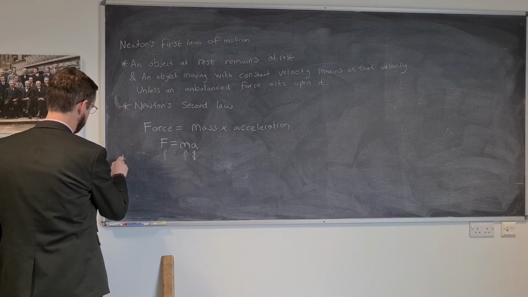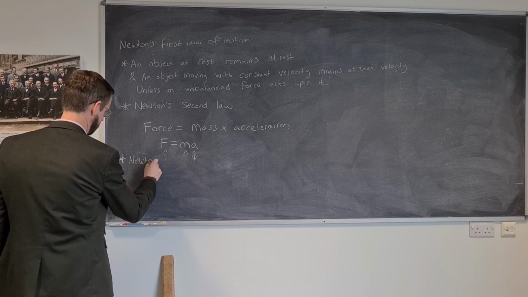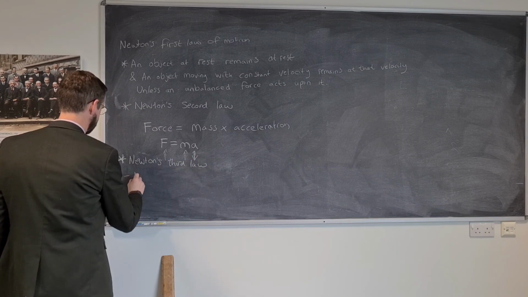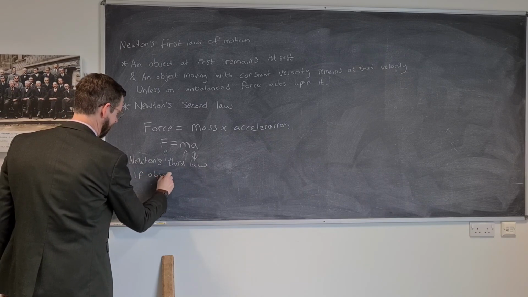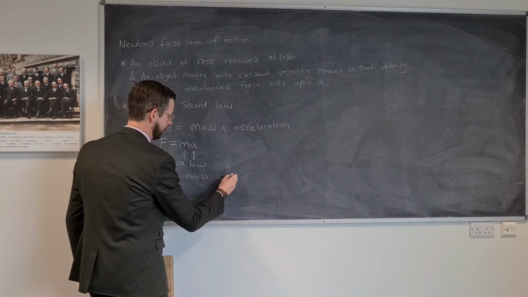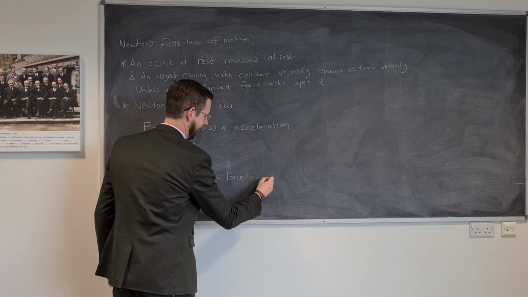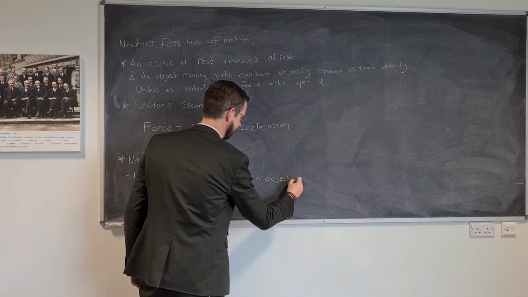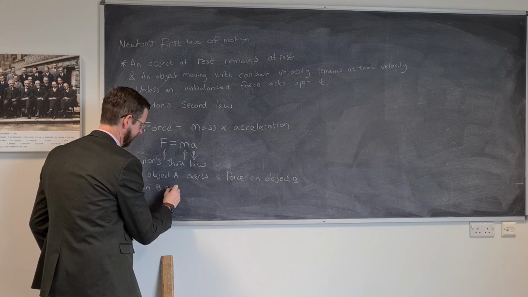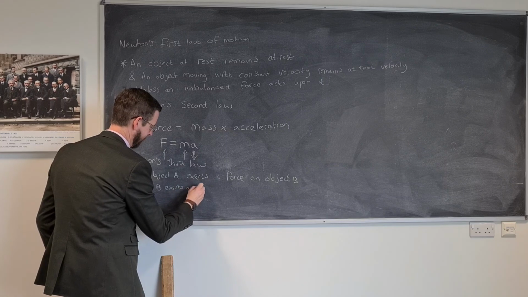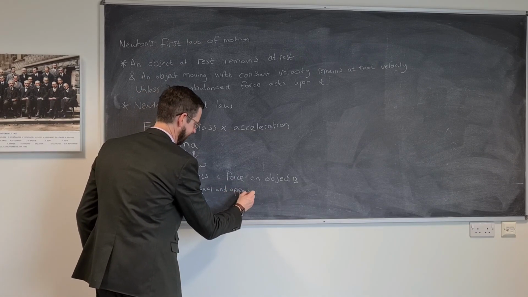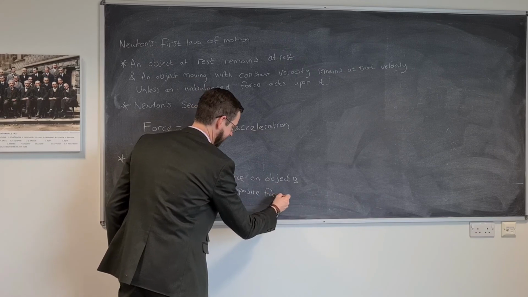So Newton's third law is that if object A, that's one of the things, exerts, that means applies, a force on object B, that's the second thing, then B exerts an equal and opposite force on A of the same type.